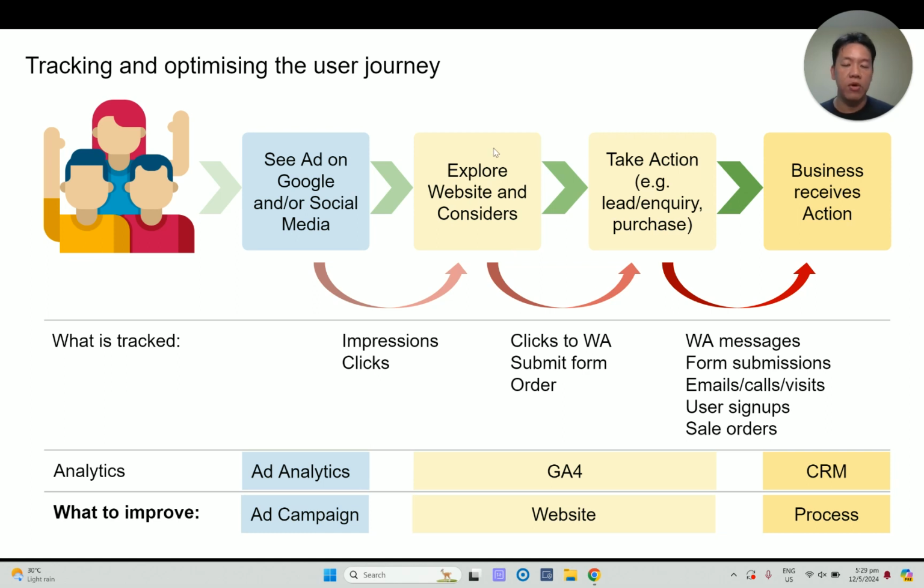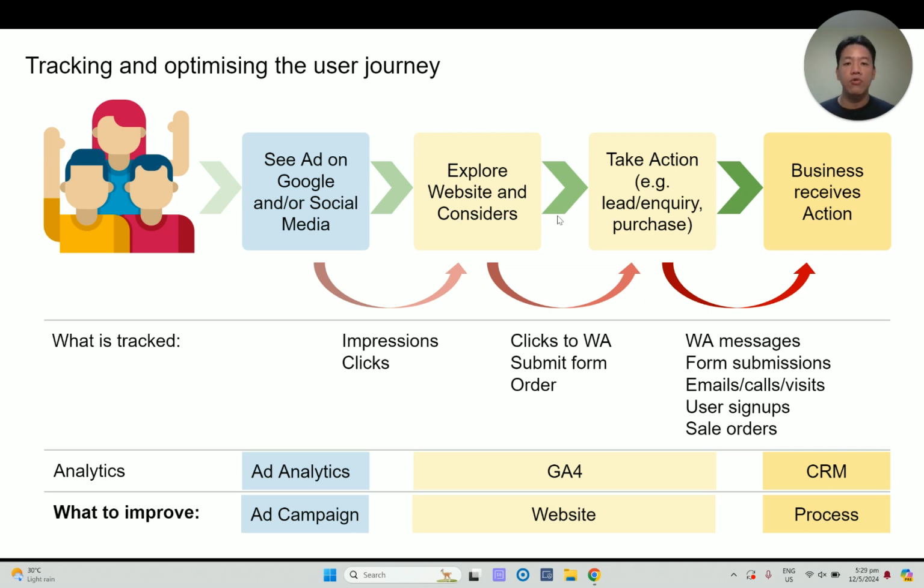They also want to have a good experience on your website before they decide to take action on it, right? So it doesn't always mean that just because you have an ad campaign turned on, it will automatically translate to more sales or more enquiries, right? Certain improvements or optimization still have to be considered on your website.